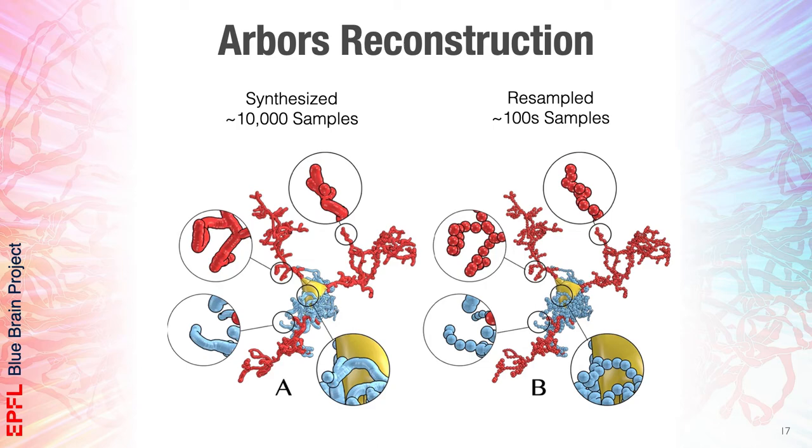First of all, for the arbors, we cannot use the arbors that are generated directly from the synthesizer because the morphology has tens of thousands of samples, and that's going to take a lot of time to generate just one mesh. So we perform adaptive resampling, with which we don't lose any information, but we just get rid of the unnecessary samples. So we end up having hundreds of samples in one morphology.